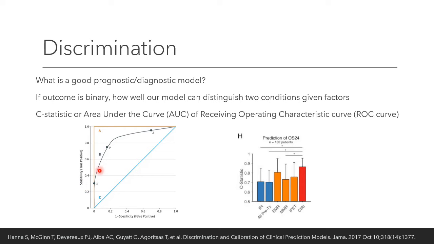So we want the curve to have a high area, which means it works better in discriminating two conditions. And you will see this picture a lot in this article. From only one factor, combining them into C is better.